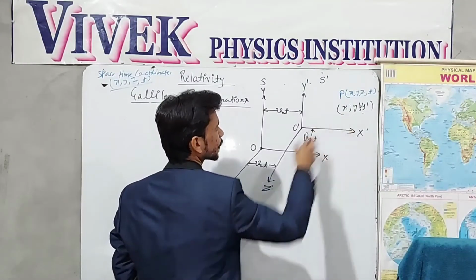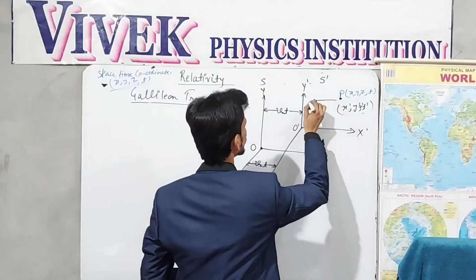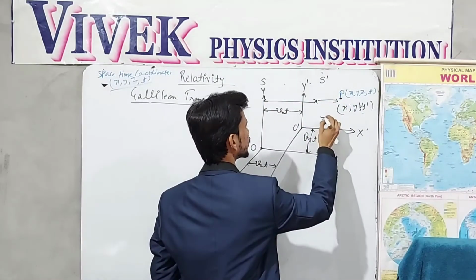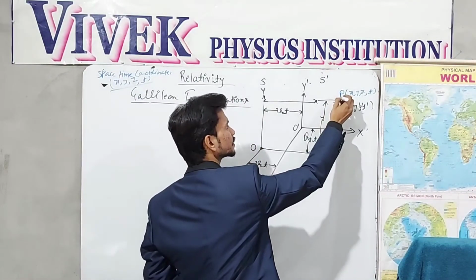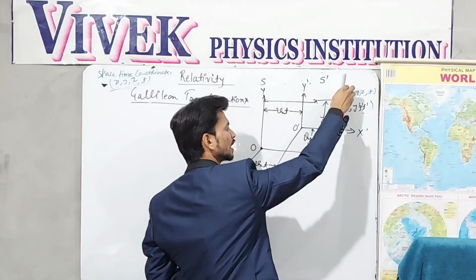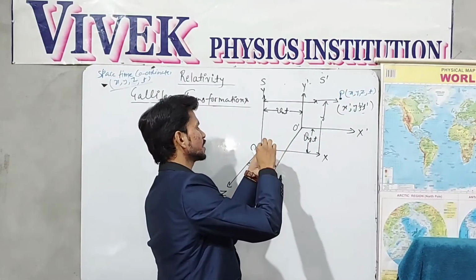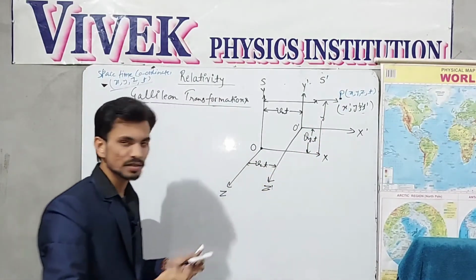This distance is simply x here, and this distance is simply y here, and because of the z-axis, its distance in the z-axis is just z.